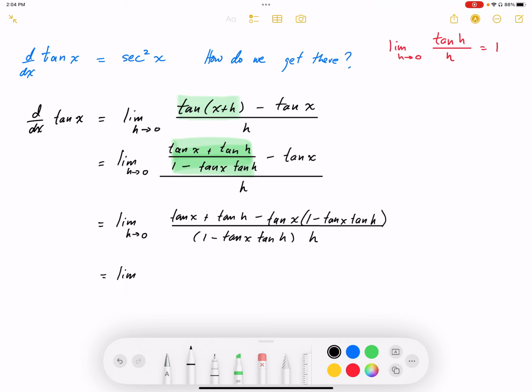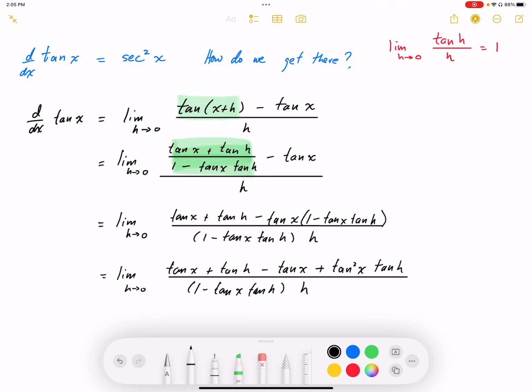So we have the limit as h approaches 0, tan x plus tan h, minus, when I expand those brackets, tan x plus, so it's negative times the negative, so we're going to plus tan squared x times tan h. And that's going to be all over 1 minus tan x tan h, and that divide by h is what we want to get rid of.